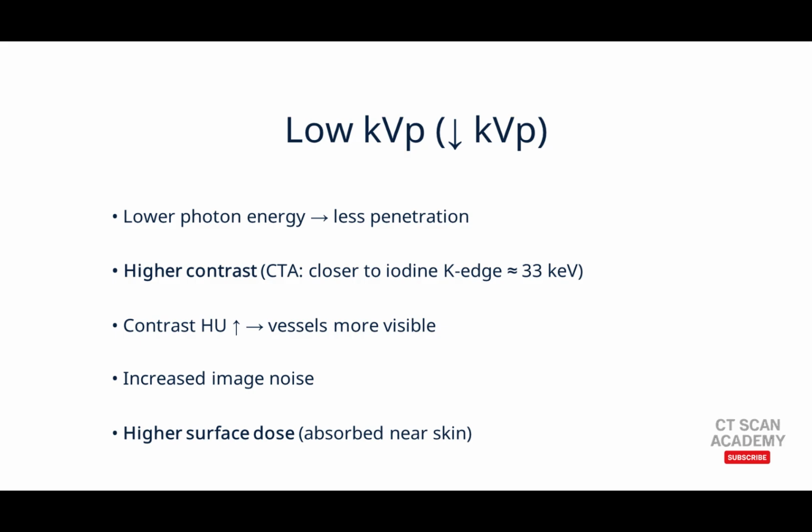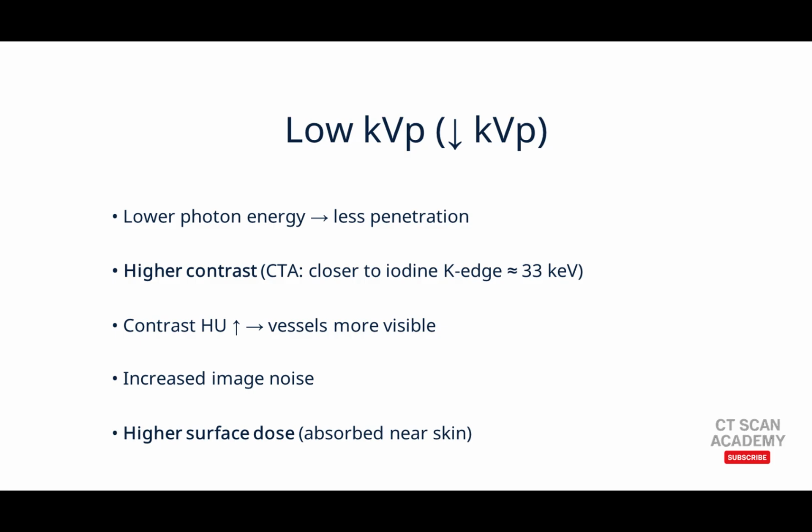At low kVp, photons have lower energy and less penetration, but higher contrast, especially for iodine-enhanced studies such as CT angiography. At lower kVp, the photon energies are closer to iodine's K-edge, approximately 33 kiloelectron volts.